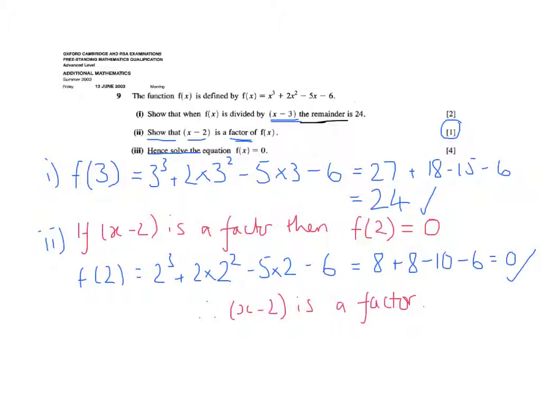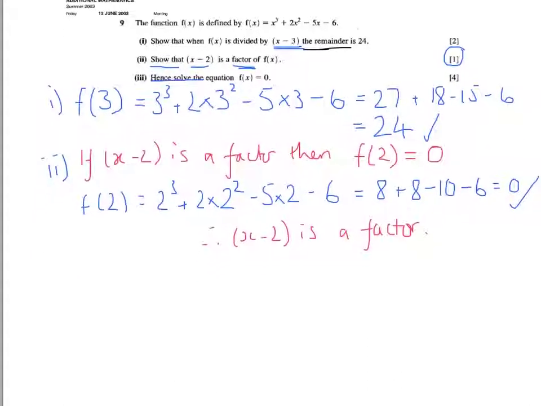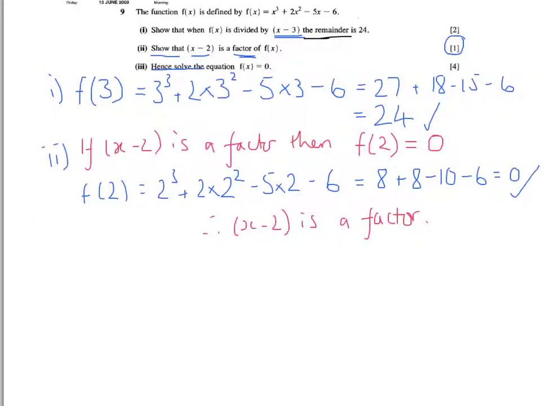And the hence here is talking about the fact that we know that x minus 2 is a factor. If we know it's a factor, then we can use that to help us.